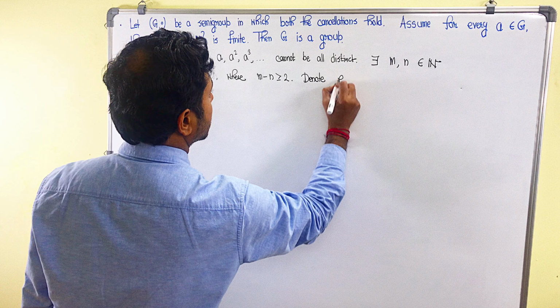All right, so now we wish to prove that this E is actually an identity element, and then we'll take help of these cancellations.